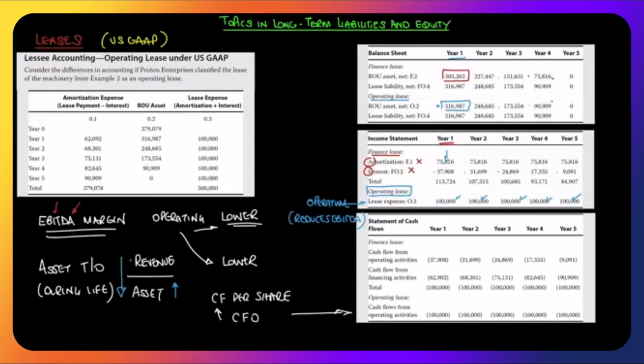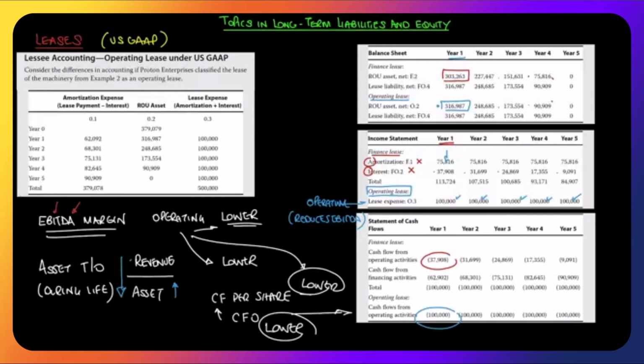Once again, if you look at the operating lease treatment, we have hammered CFO with 100,000. The finance lease treatment, only 37,908 hit CFO. So CFO again is going to be lower. Hence this ratio will be lower if I use the operating lease treatment.